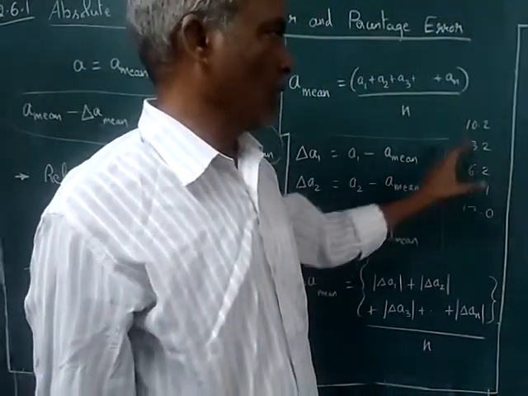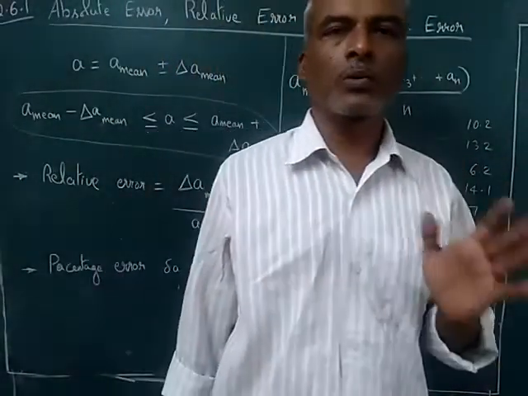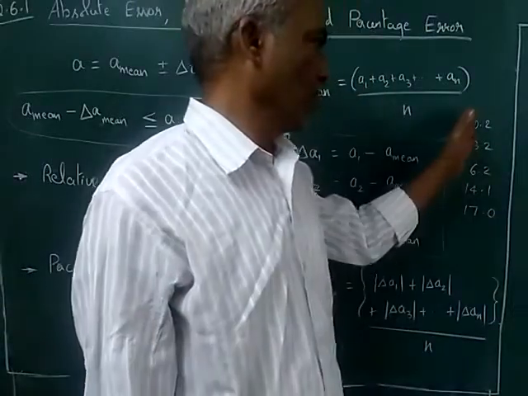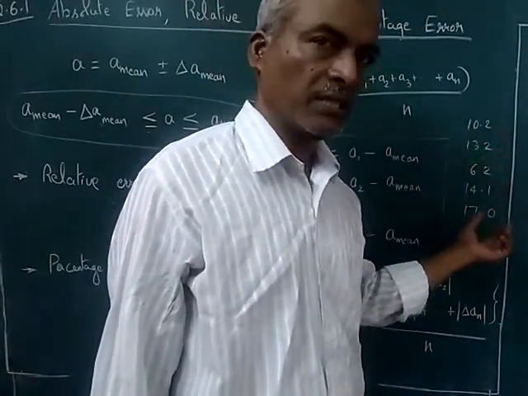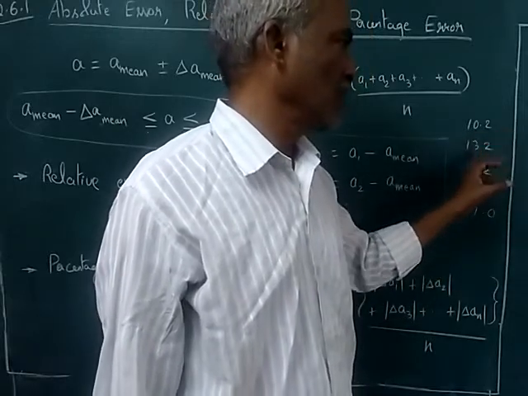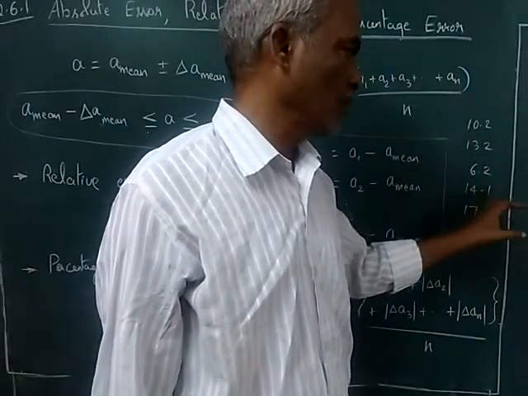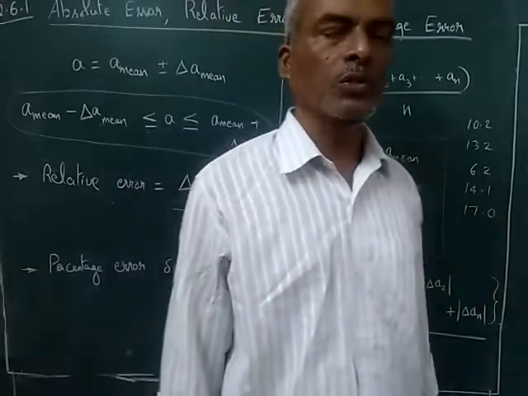Whatever measurements you take at different intervals, you record all those values. Suppose in this case it is voltages: 10.2 volts, 13.2 volts, 6.2 volts, 14.1 volts and 17.0 volts.